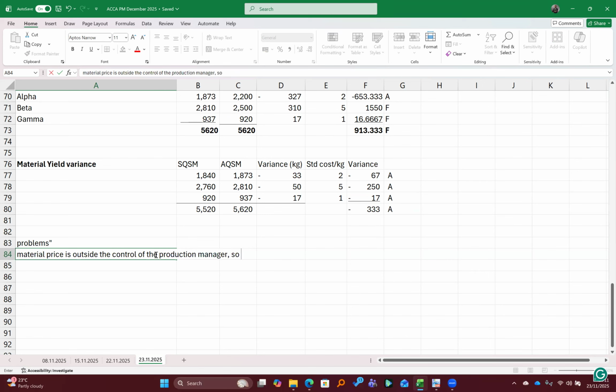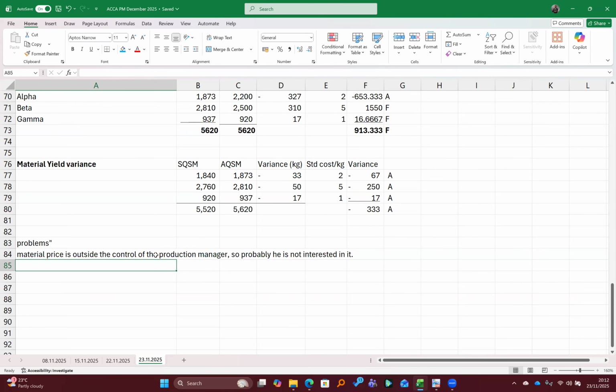So probably he's not interested in it. Because remember, we had said that it's better to give somebody what they can control. And the production manager does not control the price of the materials. So that is one thing.